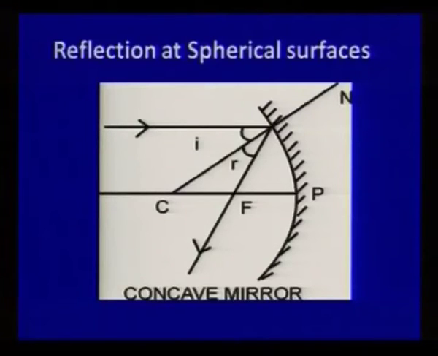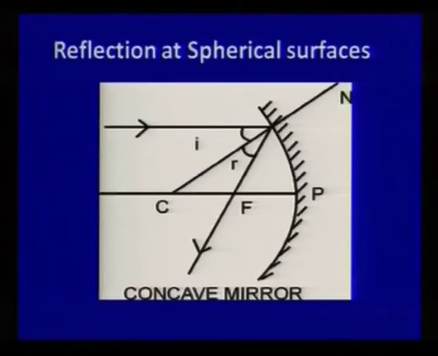The law of reflection, that is, angle of incidence is equal to angle of reflection, is equally applicable in spherical mirrors. Here in the diagram you can see a concave mirror and the light ray which is coming parallel to the line which is passing through the center of curvature, that is C, and the pole, that is the midpoint of the mirror, and this line is known as the principal axis.